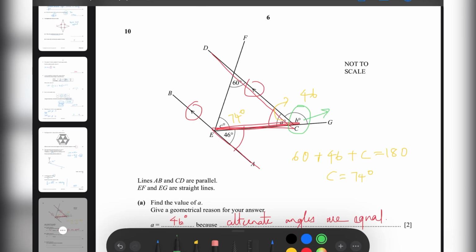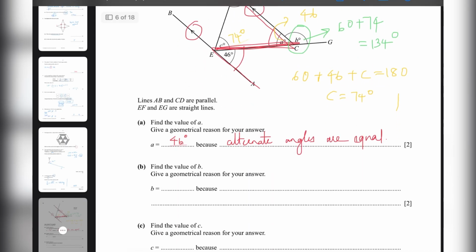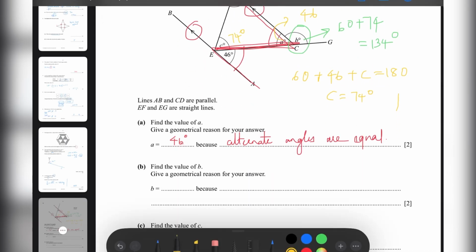So this will be 60 plus 74. So it's 134. Okay. So this is 134.